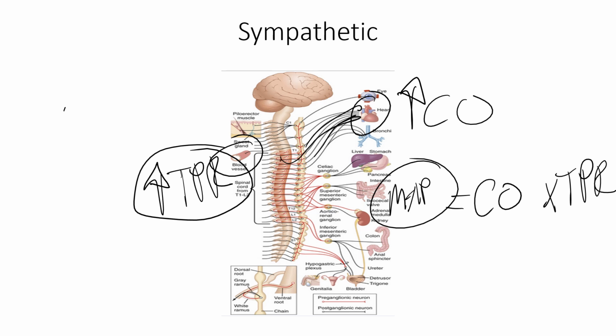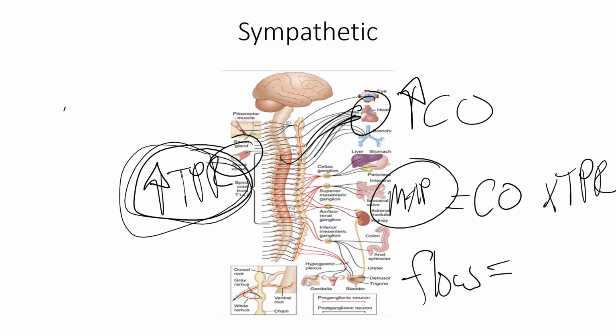That doesn't actually make any sense. Because if you increase resistance too much, what does an increase in resistance actually do? Think about the flow equation. Blood flow is proportional to a pressure gradient, which we have. We're increasing the pressure gradient.